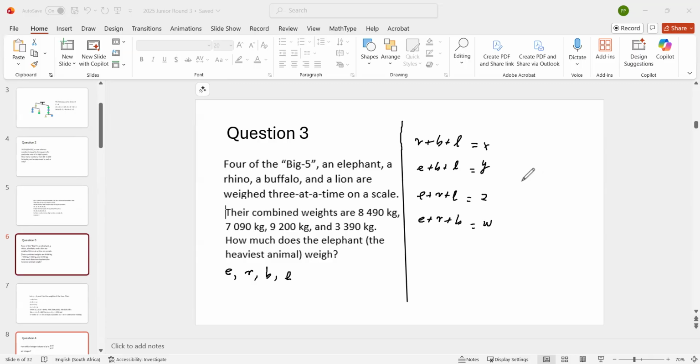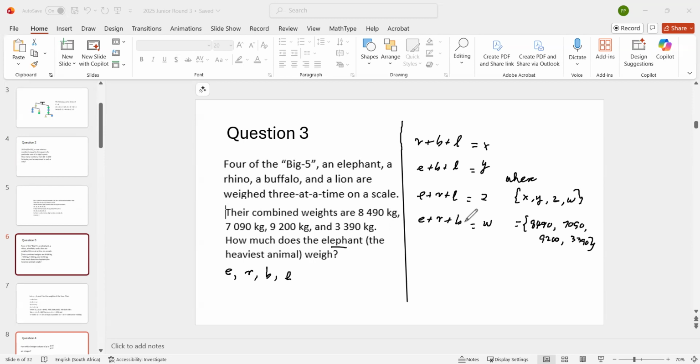Okay, we'll just call them that, where the set X, Y, Z, W, those 4 numbers are those 4 numbers which are given, which are 8490, 7090, 9200, and 3390. Right? Not in that order. Okay. Now the question here is, how much does the elephant weigh?